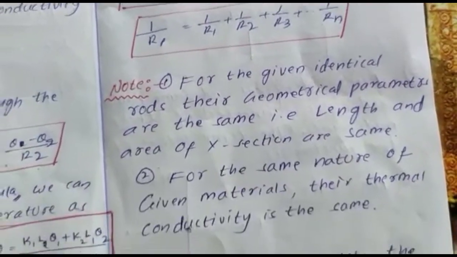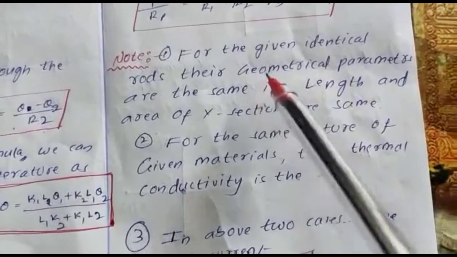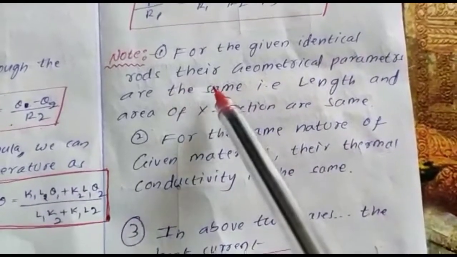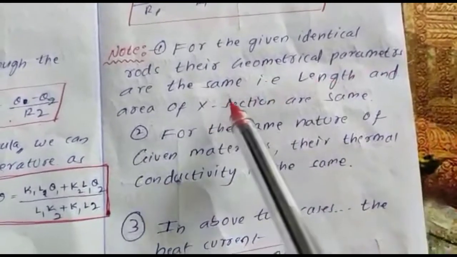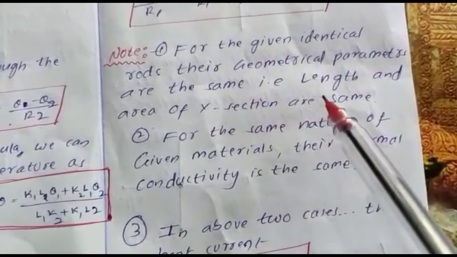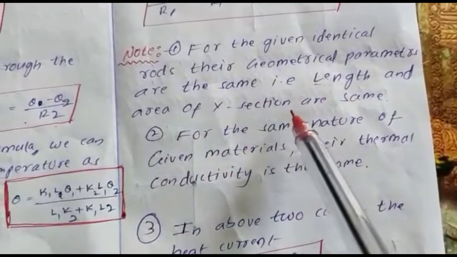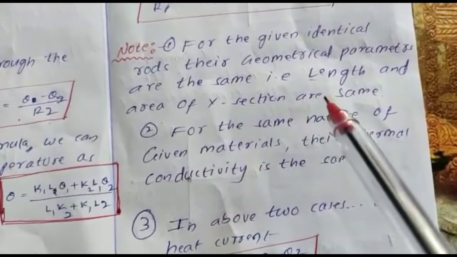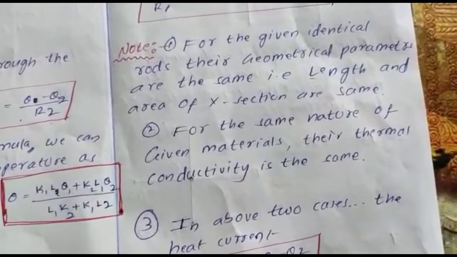Here are some important points for solving problems. The first point is for identical rods. What is the meaning of identical? Geometrical parameters are the same, that is the length and the area of cross section. When the given rods are identical, length and area should be taken as the same.